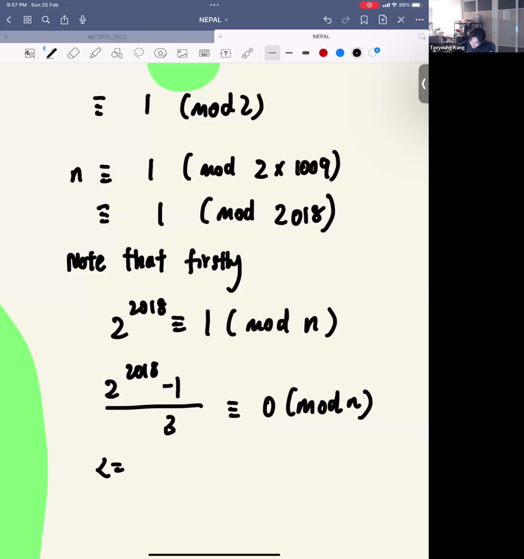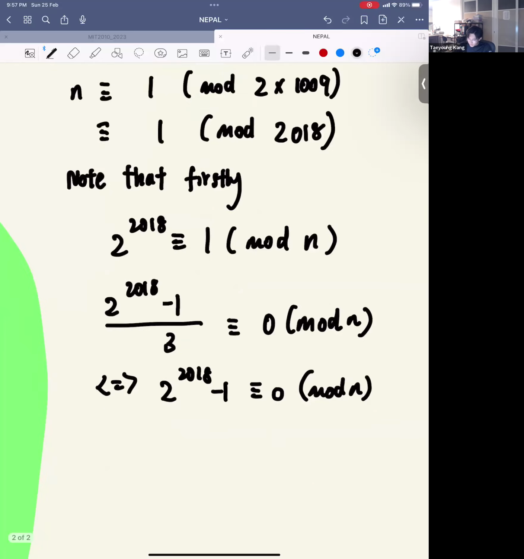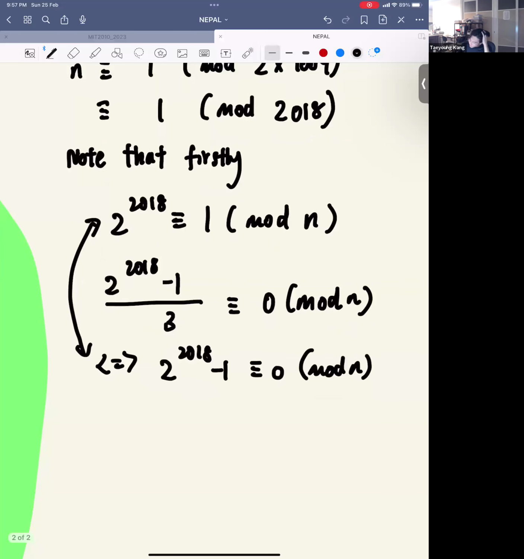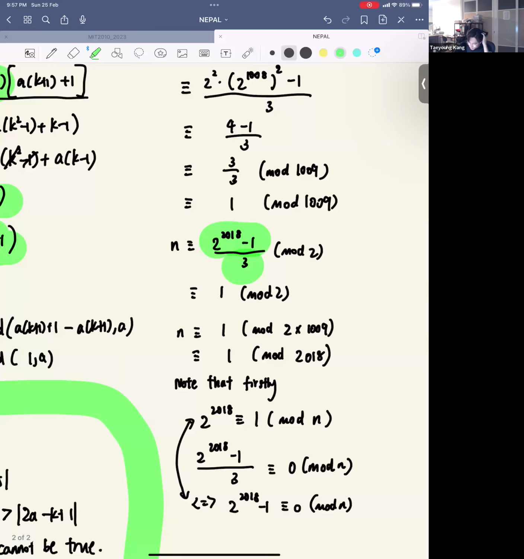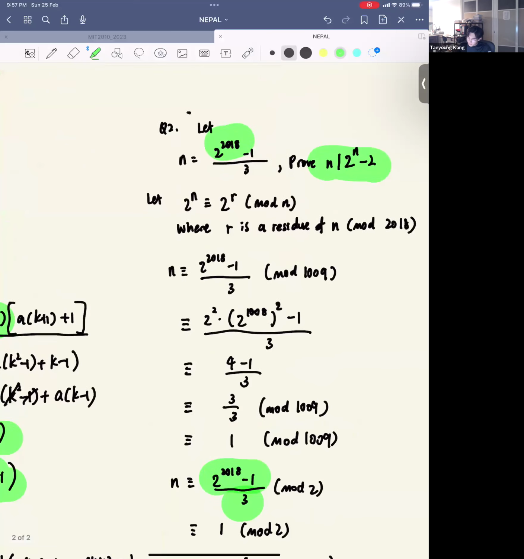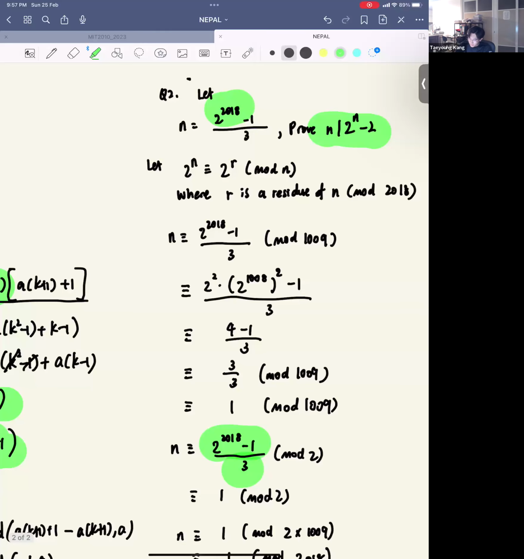So it implies that 2 to the power of 2018 minus 1 is congruent to 0 mod n, and therefore it gives us this result. So the result that 2 to the power of 2018 is congruent to 1 mod n basically allows us to make this assumption.